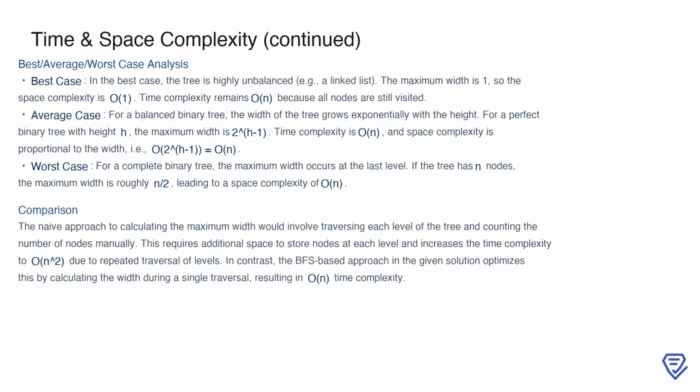For example, in a perfect binary tree of height h, the maximum width is 2^(h-1). Even in this scenario, the time complexity remains O(n), and the space complexity corresponds to the maximum width, which simplifies to O(n). For the worst case, in a complete binary tree, the maximum width occurs at the last level, which can be roughly n/2 for n nodes. This results in a space complexity of O(n).